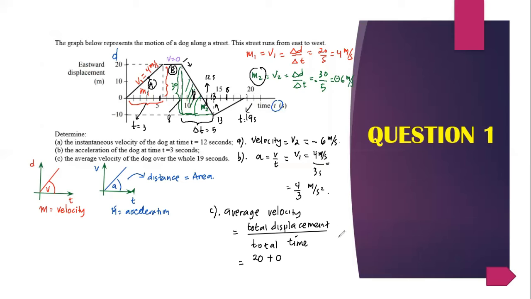Next, here, C. 30? Is it 30 or negative 30? This is displacement, so it is negative 30. Clear to you? Because the graph is going downward. How do we know 30?